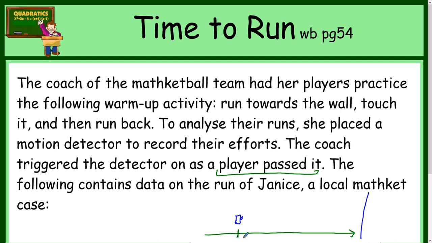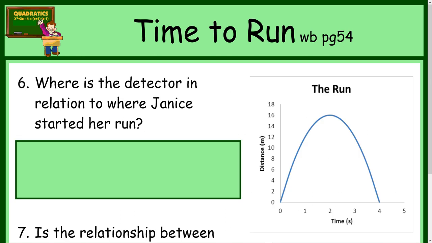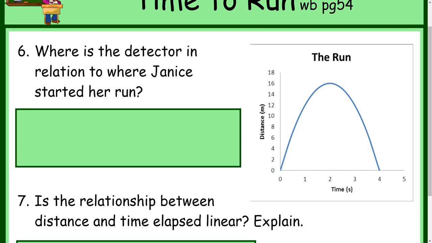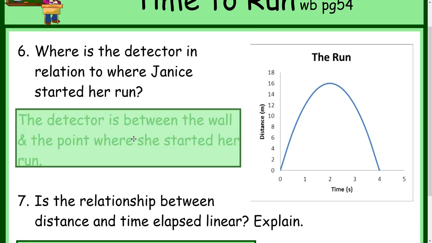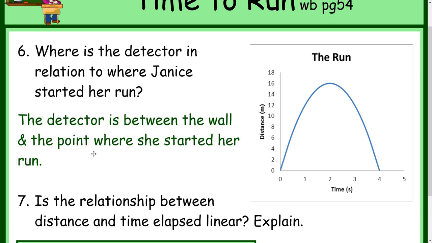So where does the player start? Well, the player starts over here then. So that's crucial when we're trying to answer a question like this one. So the detector is between the wall and the point where she started her run.